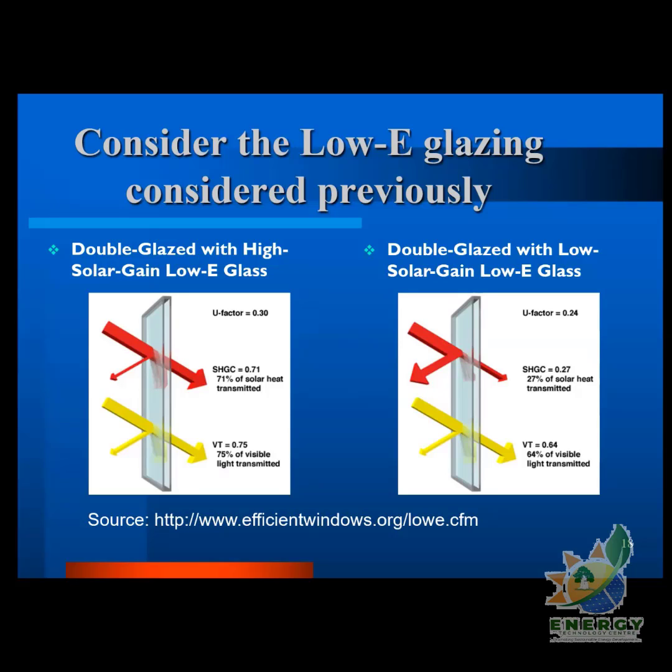And then you are talking about U values of about 0.3. And then if you look at a U value of about 0.24, that will allow about 27% of solar heat to be transmitted through, and then about 64% of visible light to be transmitted through.